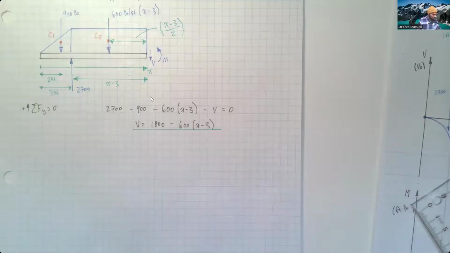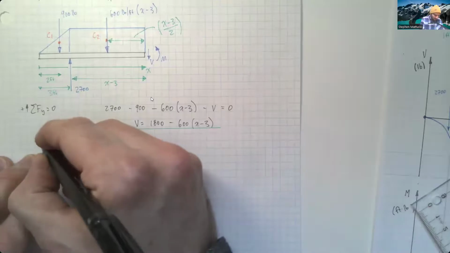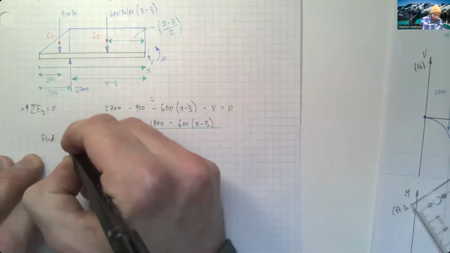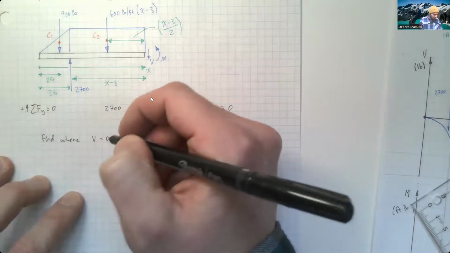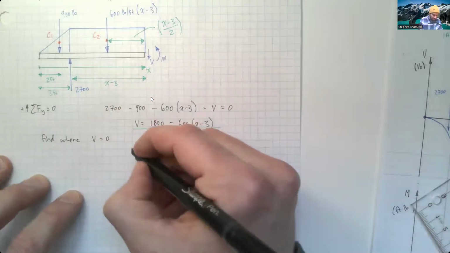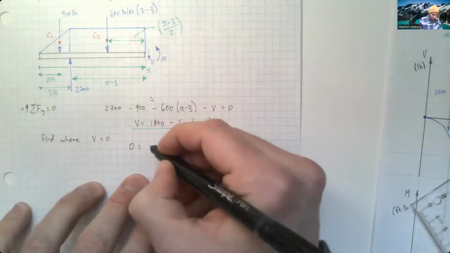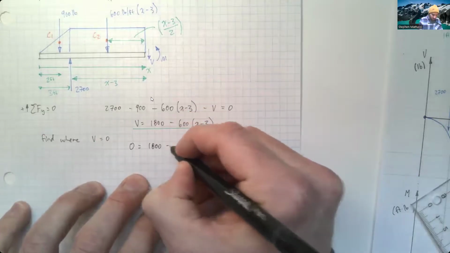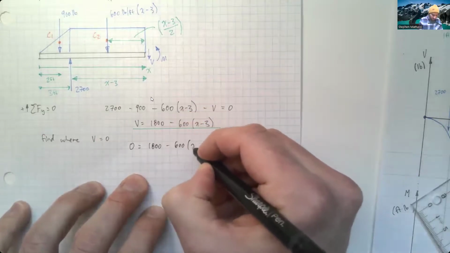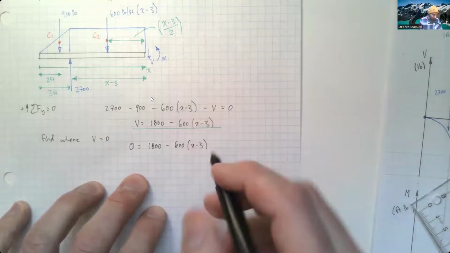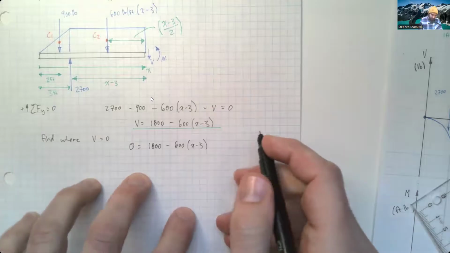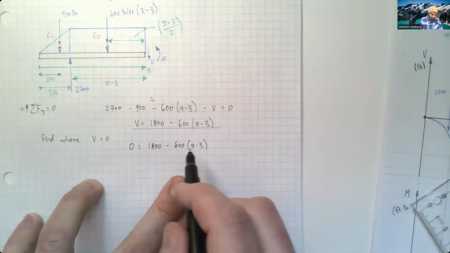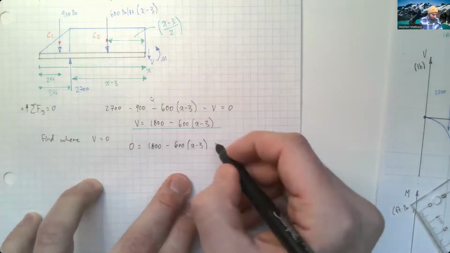I can come back over here and find where shear equals zero. I'm just going to sub in zero to this equation. So I'm subbing in shear equals zero in order to solve for x.